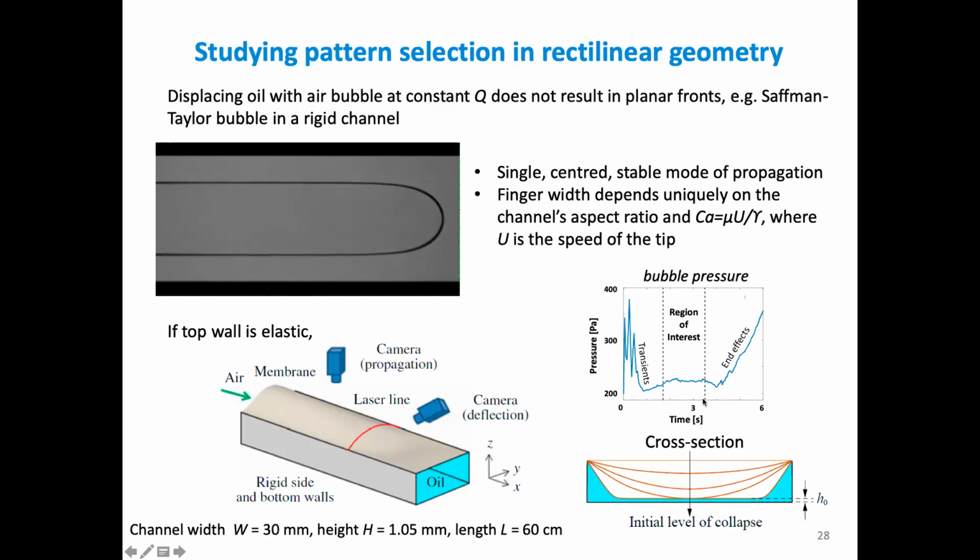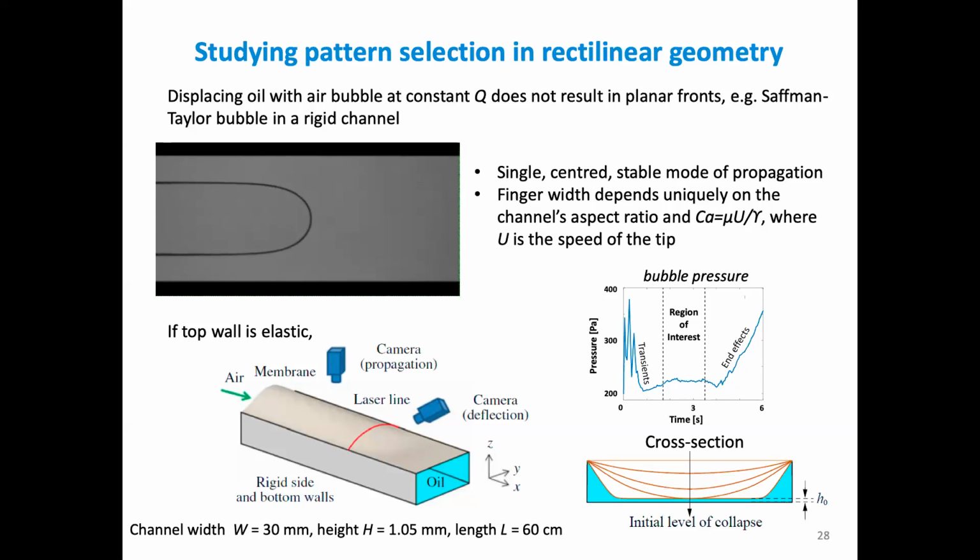I'm not showing you the movie, but instead the pressure trace in such an experiment. You can see that after some transients, the pressure in the bubble was more or less constant, and then you would see some end effects. So in other words, in this region, we did indeed get a steadily propagating interface that we could then explore.